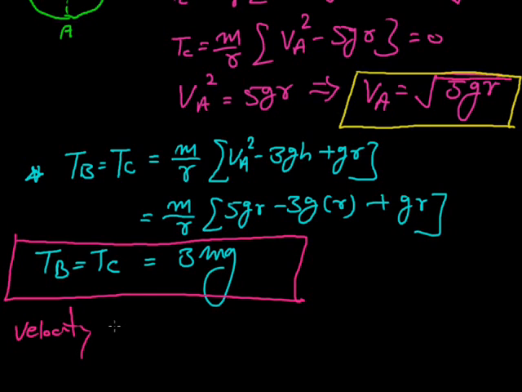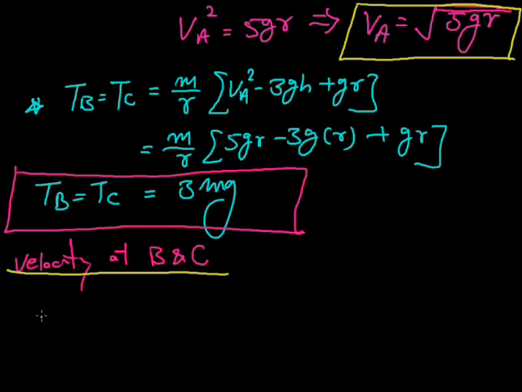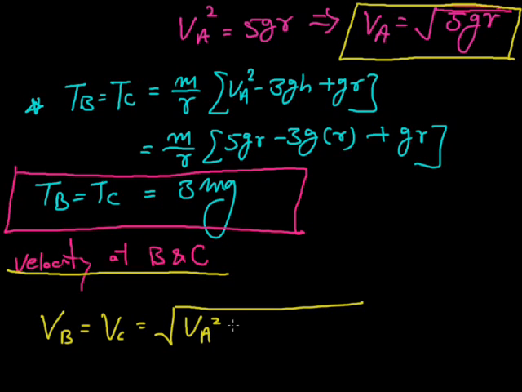Velocity at B and C will be, we know that, VB is equal to VC is equal to root Va square minus 2gh, and h is equal to r.